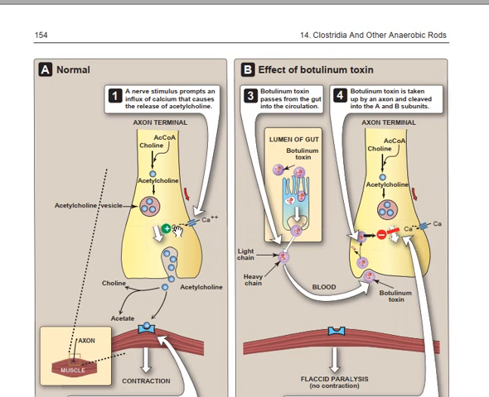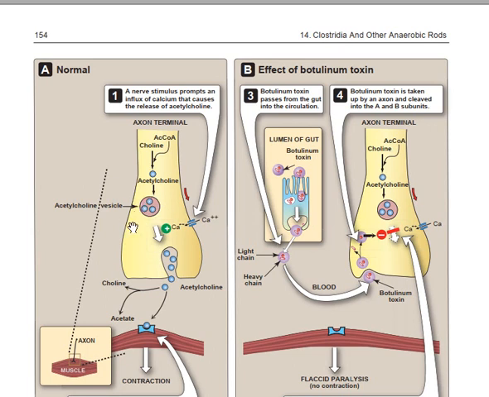When calcium ions enter the cell, they bind with the vesicles containing neurotransmitters, and in this case, the neurotransmitter that activates the muscles for somatic or motor movement is acetylcholine. So it binds with acetylcholine vesicles.